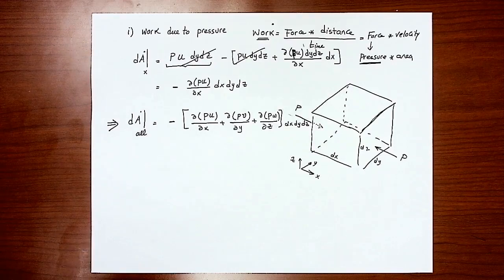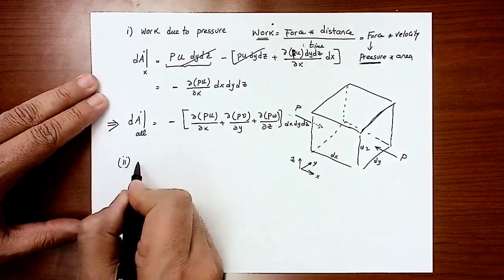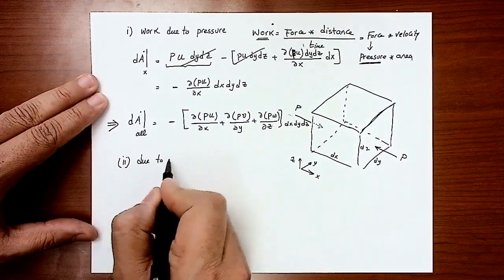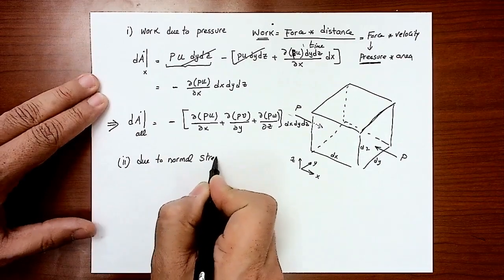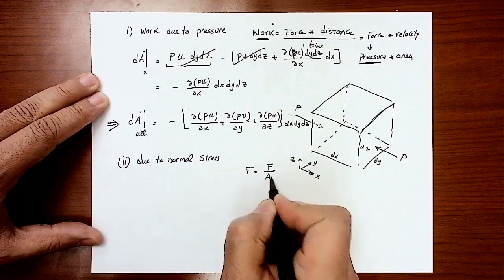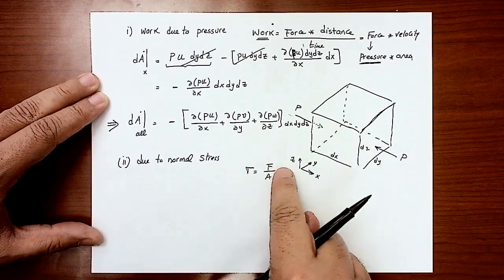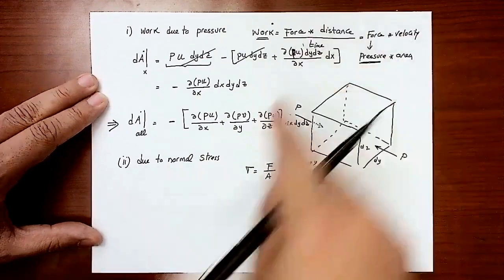Now let's get that due to the normal stress. We all know that stress is equal actually to force over area. So I can get the force from the stress, and when I get the force, I will multiply by the velocity, and I will get the work.